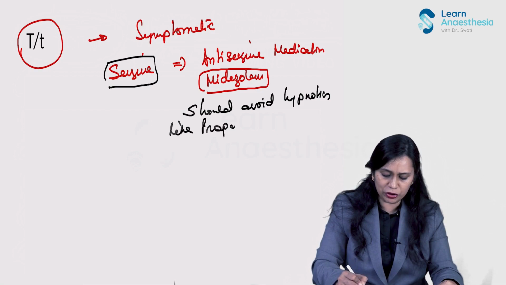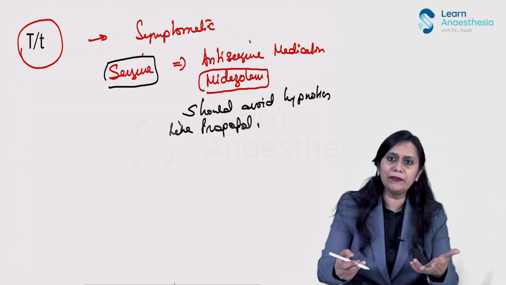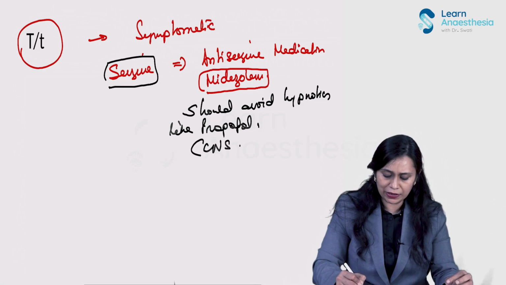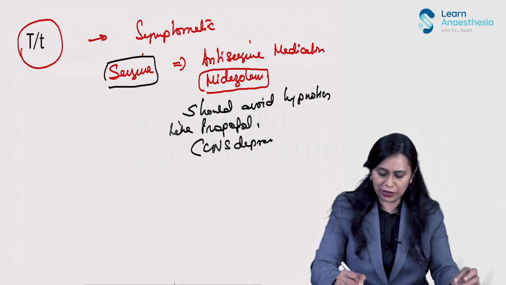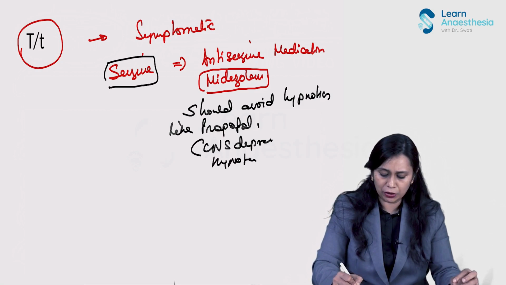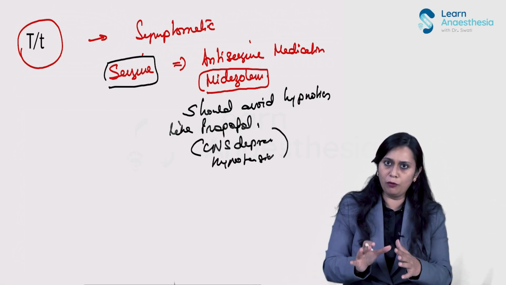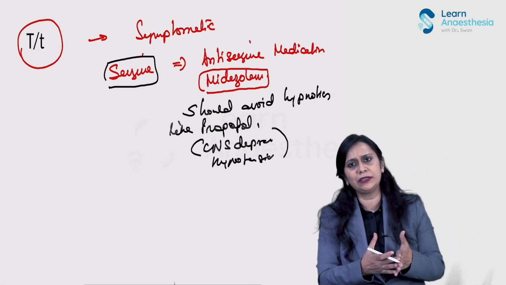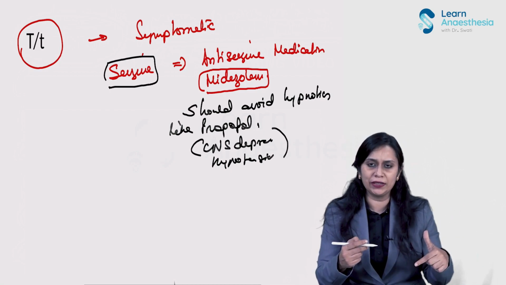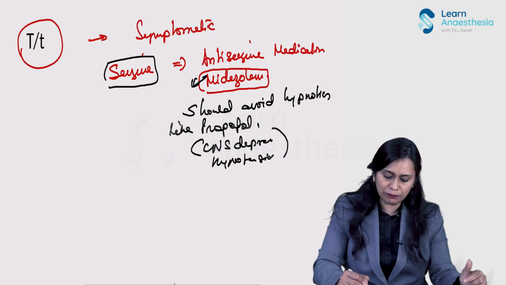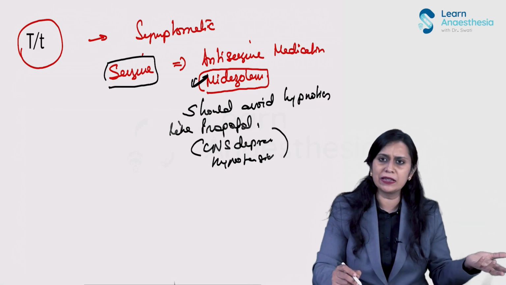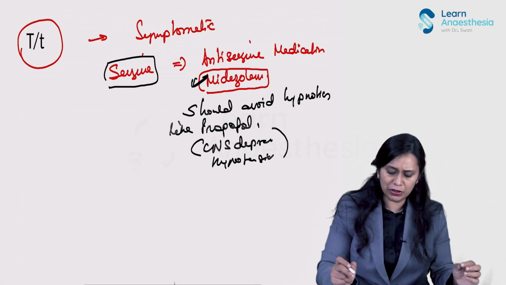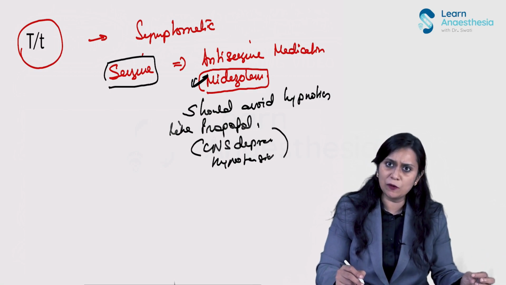They can cause more CNS depression and more hypotension. So, this should not be used. Though propofol is a very good drug to stop seizure, here we should avoid it. Okay, so midazolam would be perfect, or long-acting benzodiazepine would be perfect. We can use lorazepam, we can use diazepam, but propofol should be avoided.